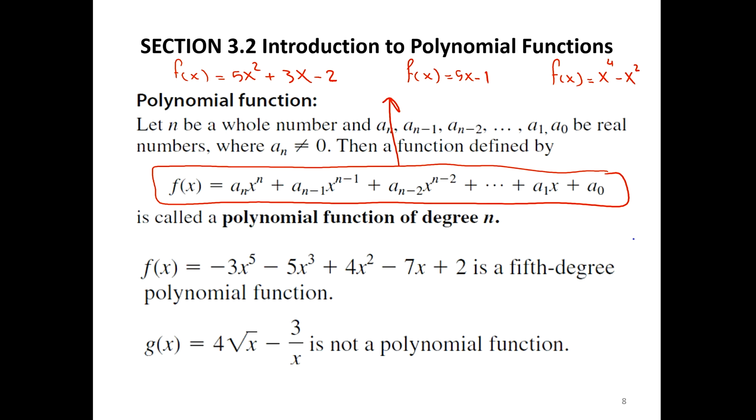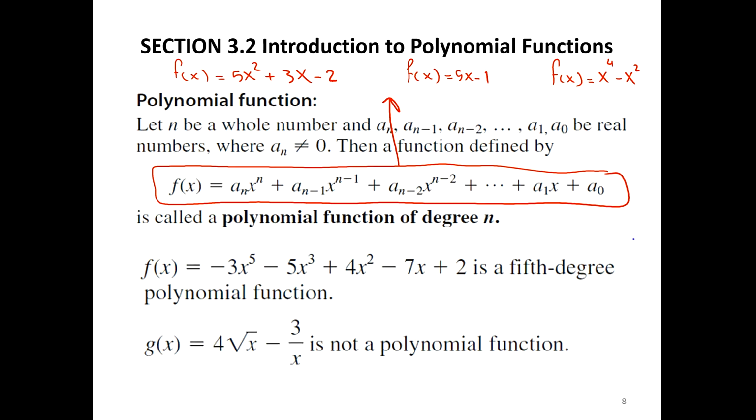We don't have in a polynomial x inside, for example, a radical, or x in the denominator. So all x's are in the numerator and the powers of x are positive. But the coefficient can be negative, positive, 0, any value.